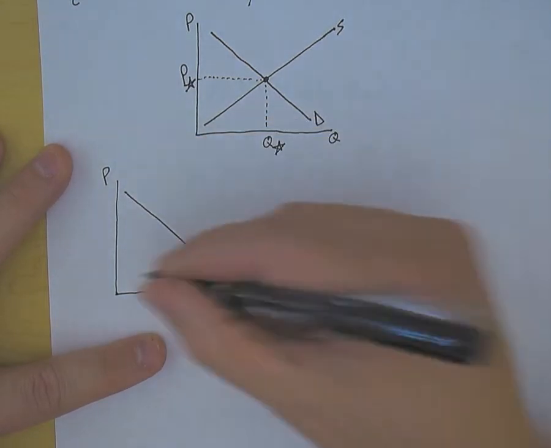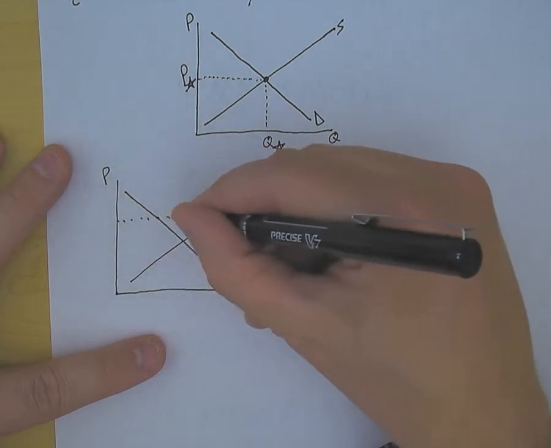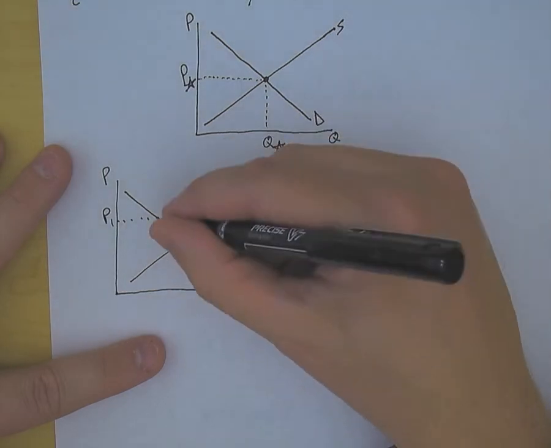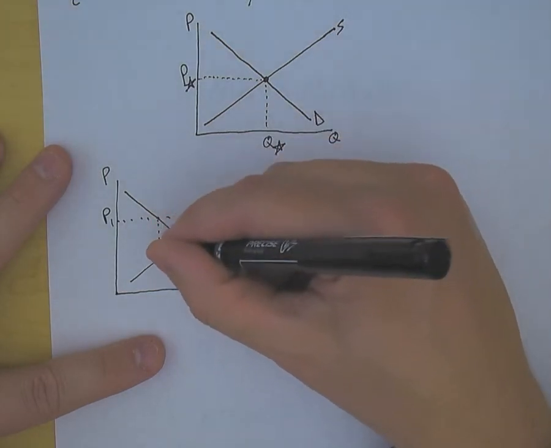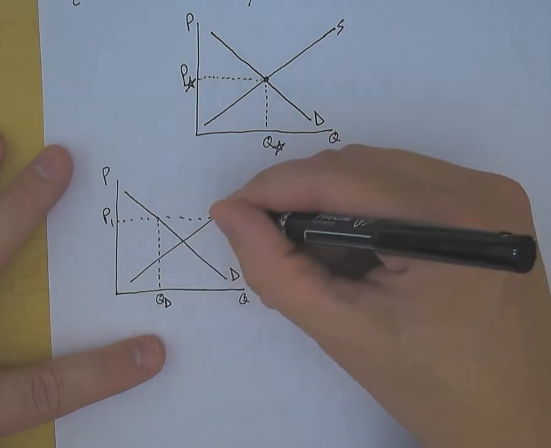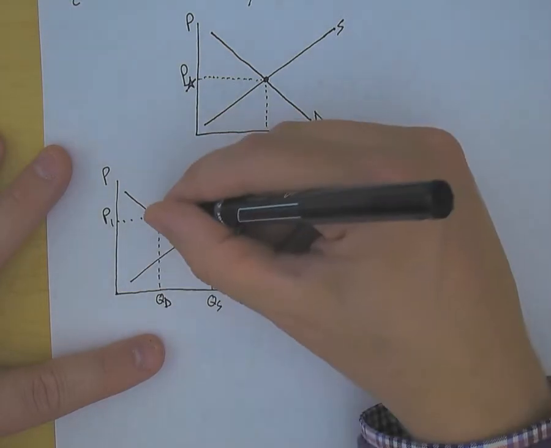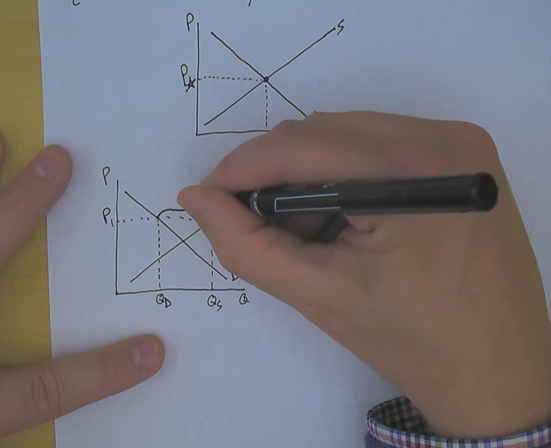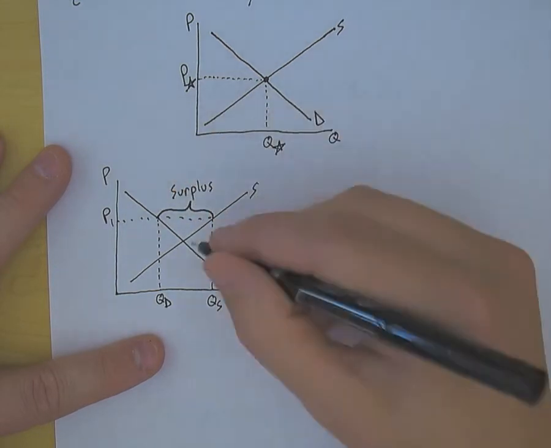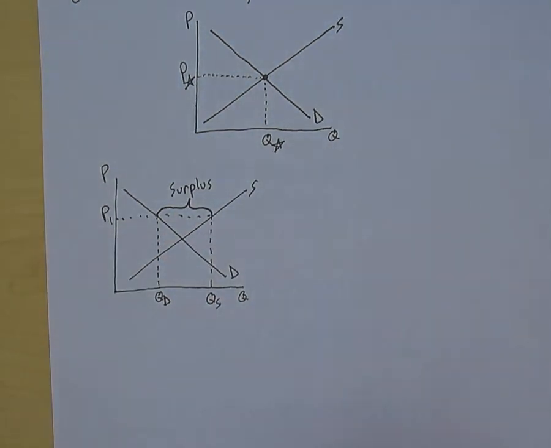Go ahead and draw my demand curve, my supply curve, and let's say that right now the price is up here at P1. When we're at P1, where it hits the demand curve, I have quantity demanded. And I go all the way over to the supply curve, I have quantity supplied. This large gap in our market is known as a surplus, meaning the amount wanting to be sold at this price is much higher than the amount that wants to be consumed.